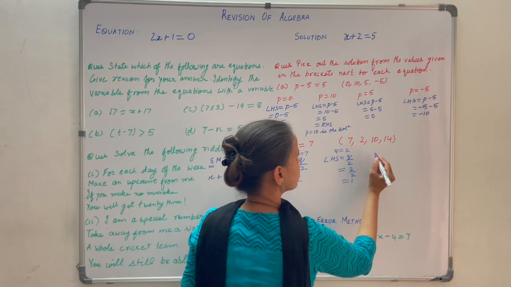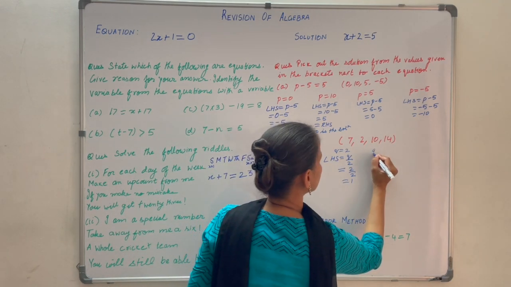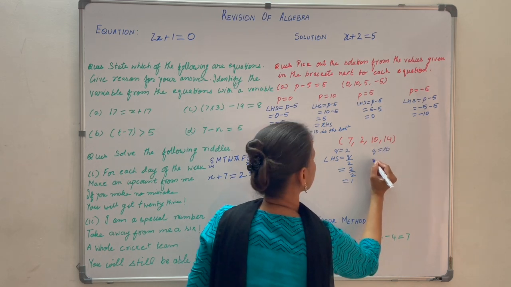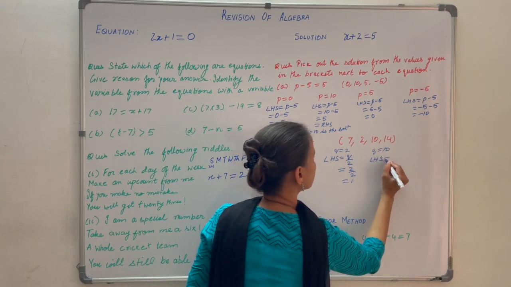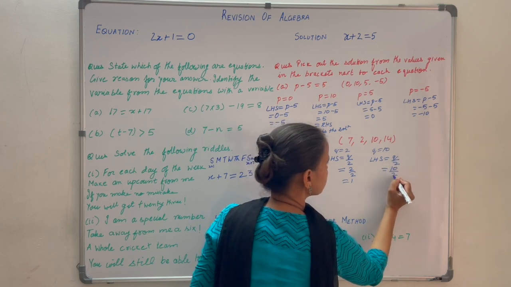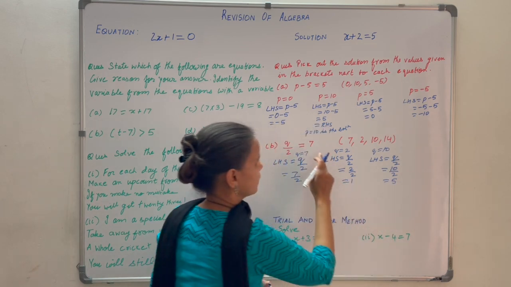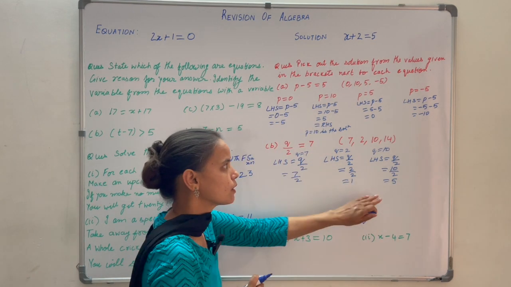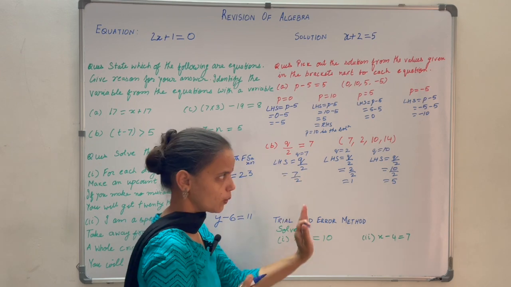Now let us do for the 10th one. q equals 10. On the left hand side you have got q by 2 and q is 10. So 10 by 2 is equal to 5. It is still not equal to 7. So this is also not the solution of this equation.